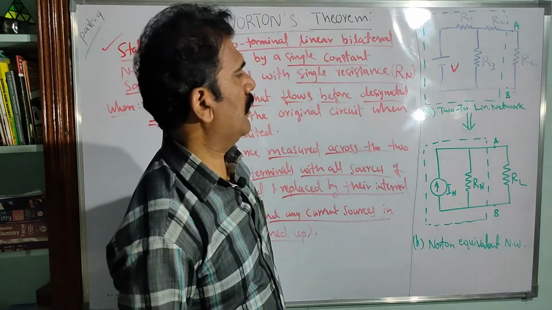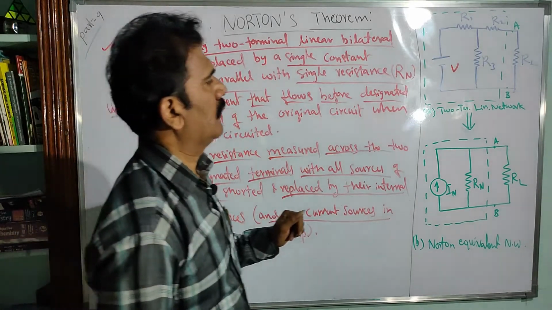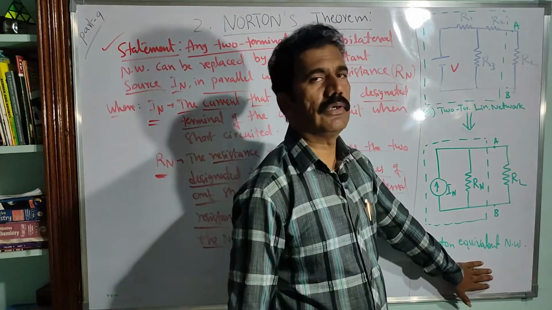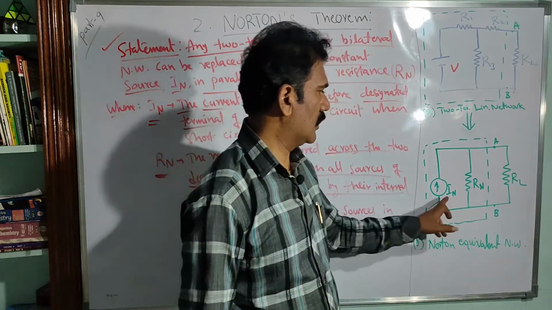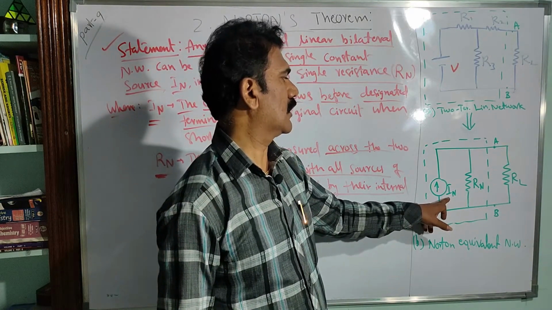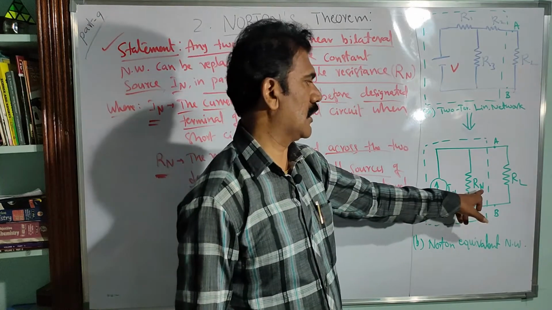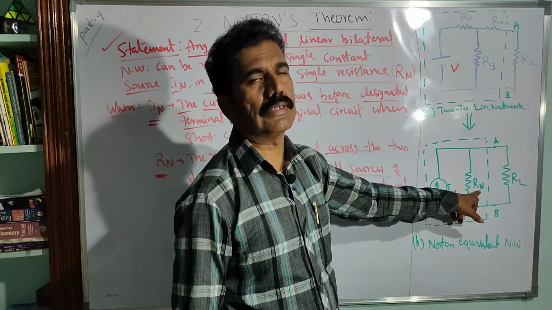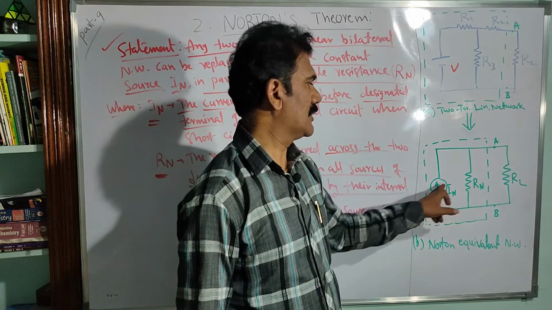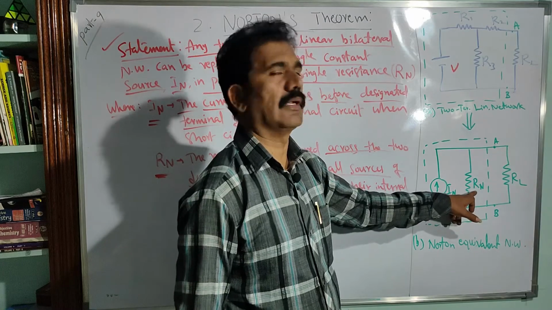This is simplified after several steps according to the statement. Finally we should have Norton's equivalent network, with only one current source IN connected in parallel with Norton's resistance RN. The current source and the equivalent Norton's resistance must be connected in parallel to each other.